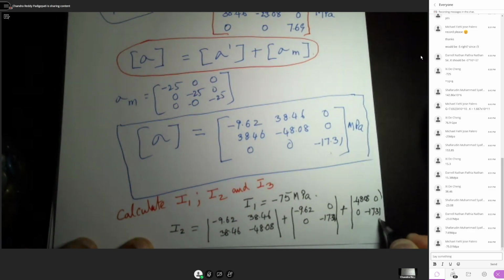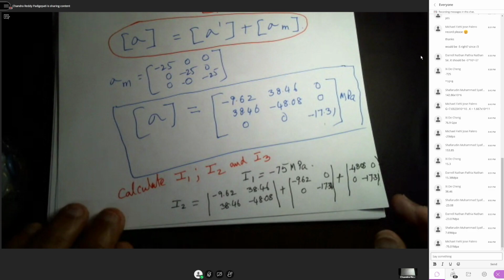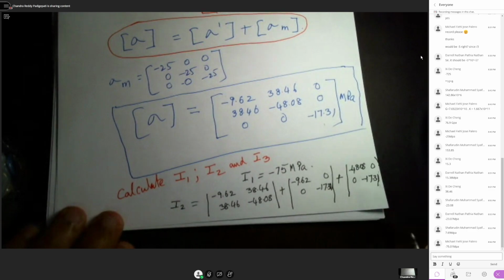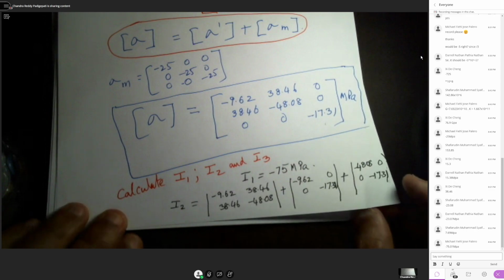So we can write the second invariant like this. Okay, so calculate and add up. This is a 2 by 2 determinant. So you will be calculating the value of each determinant, then add up all these things. So I'll look for your value.